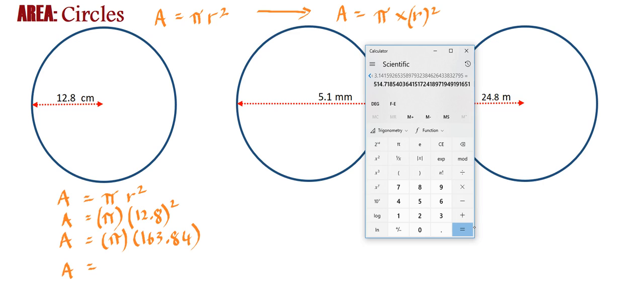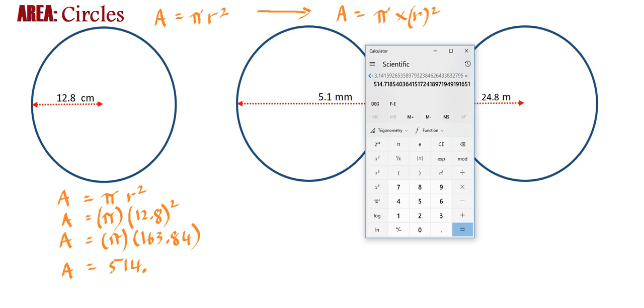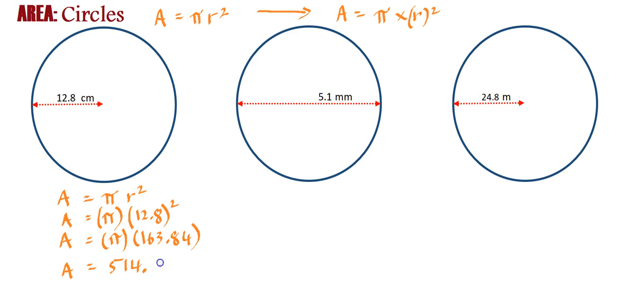And that gives us this answer, so 514 point. And if we look back here, there's a lot of decimal places. So I'm going to write 718. And let's round all our answers off to 2 decimal places.